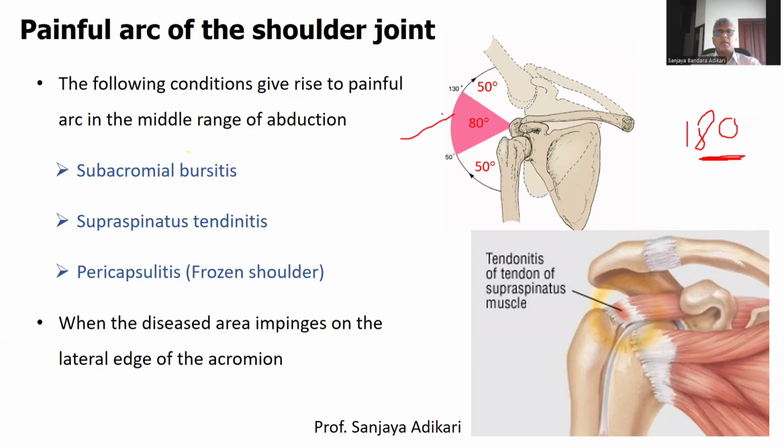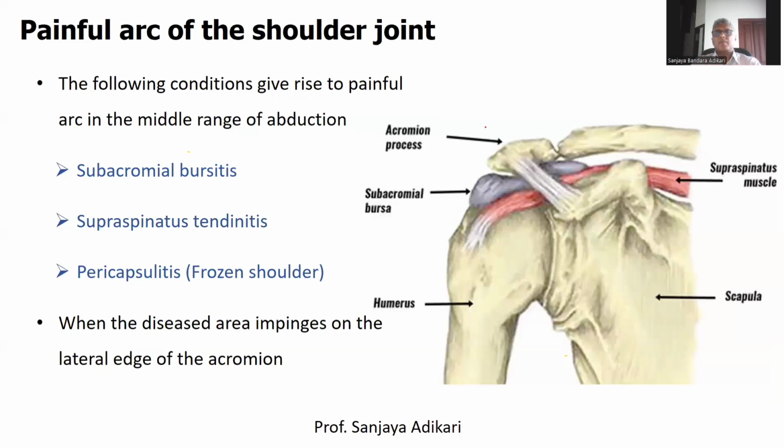Okay, so it's the middle 80 degrees painful arc, and this type of pain can be caused by different conditions. It can be due to subacromial bursitis, supraspinatus tendinitis, or pericapsulitis, which is called frozen shoulder, and it happens when the diseased parts impinge on the acromion here.